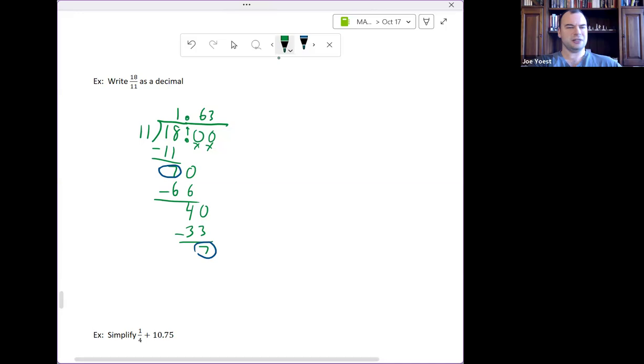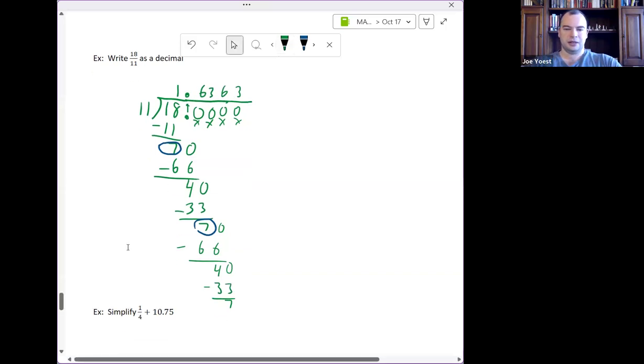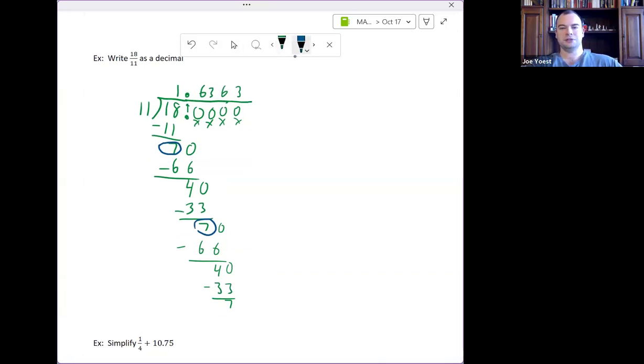I think this is going to repeat. Let's go a couple more steps just to show that it does. 11 goes into 70 6 times. 6 times 11 is 66. Remainder of 4. 11 goes into 40 3 times. 3 times 11 is 33. Remainder of 7. And I see that I get my 7 again, right?